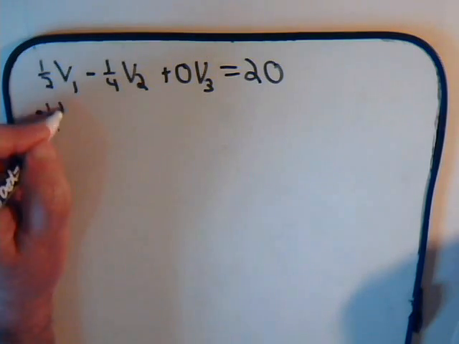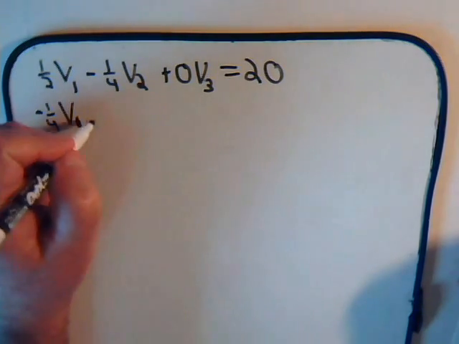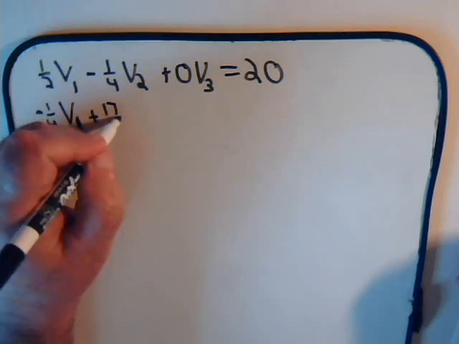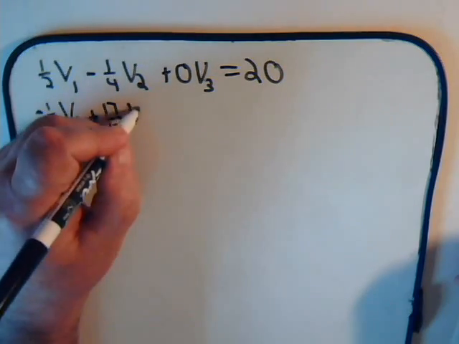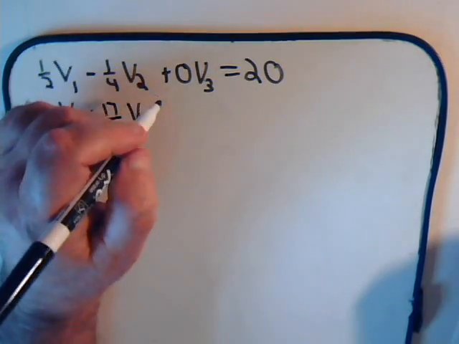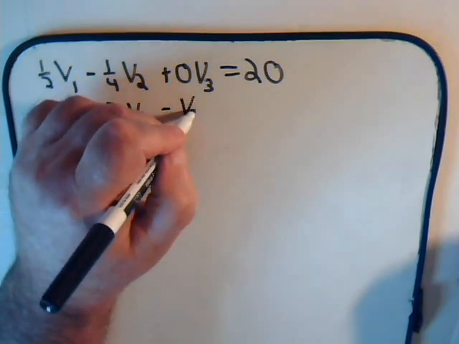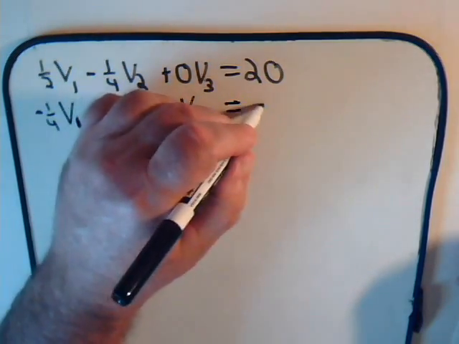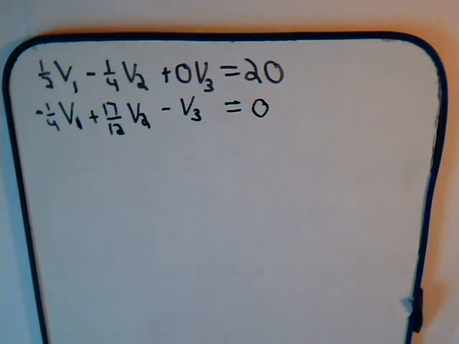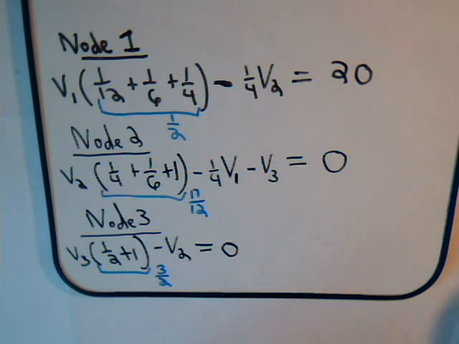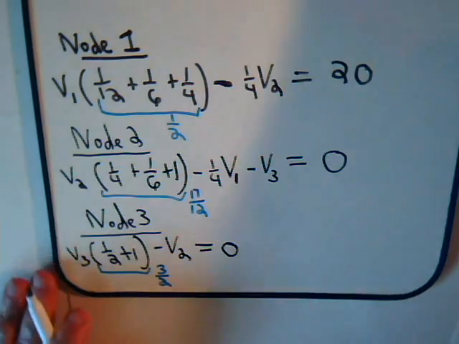Minus 1/4 V1 plus 17/12 times V2 minus V3 equals 0. And now from node 3 we have 0 times V1 minus V2 plus 3/2 times V3 equals 0.